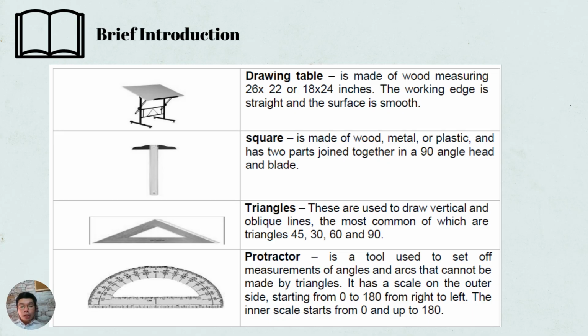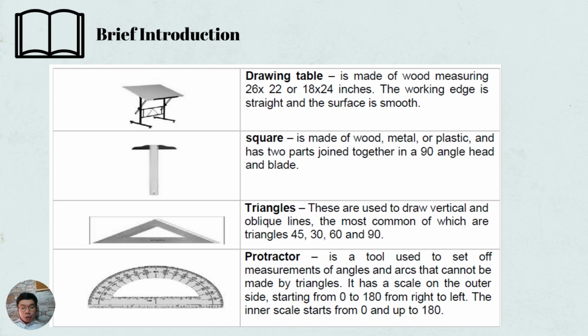By the way, T-square is used to draw horizontal lines. Then we also have here triangles. These are used to draw vertical and oblique lines, the most common of which are triangles 45, 30, 60, and 90.